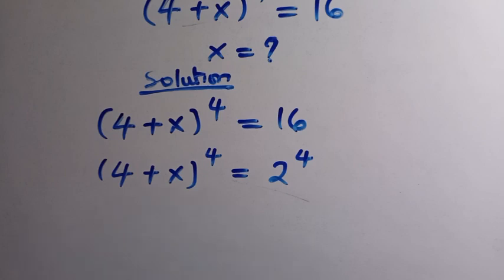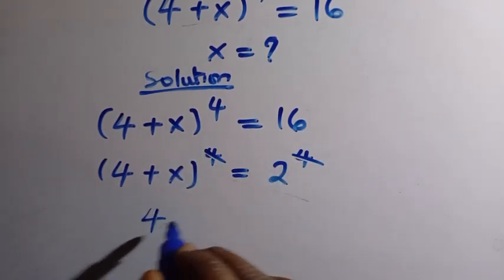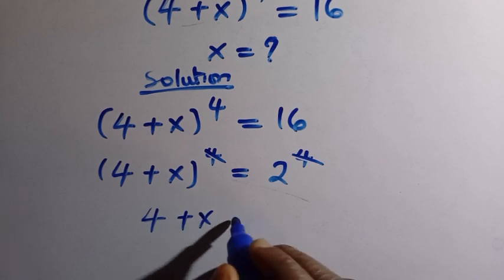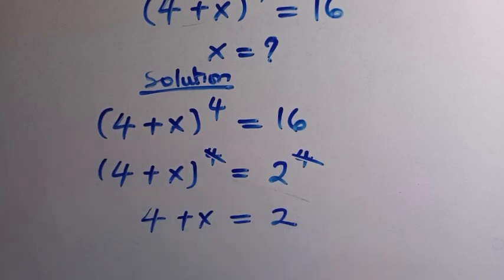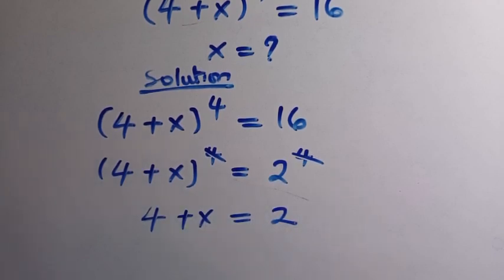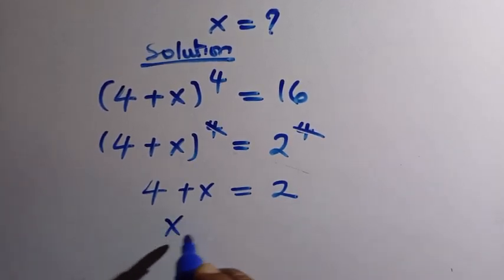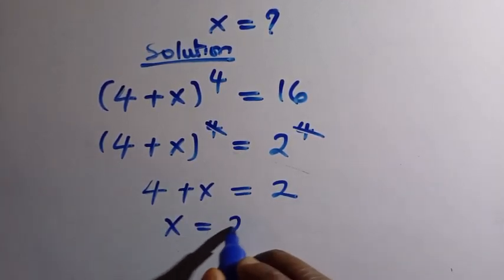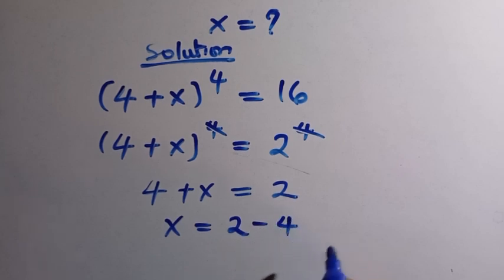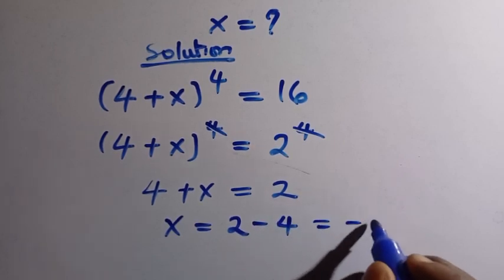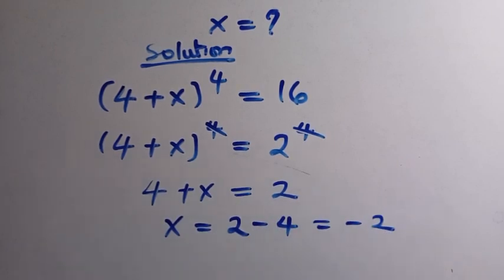And suppose we cancel this 4 and 4. Here we have 4 + x = 2. And by making x the subject of the formula, you can see that our x here equals 2 - 4, and this equals -2.